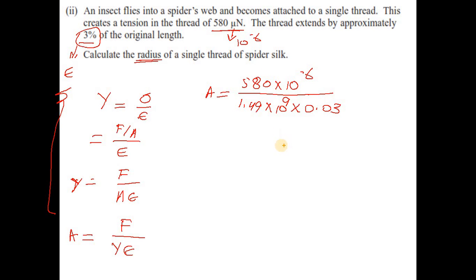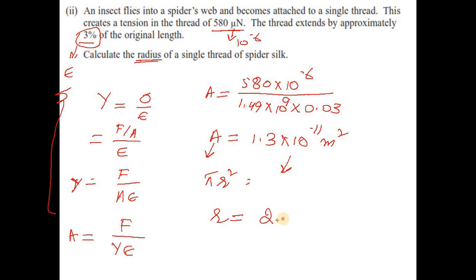So if you solve this, your area will be equal to 1.3 times 10 to the power minus 11 meter squared, and then area is pi r squared equal to the same number, and then you can figure out the radius. Send pi to the other side, divide 1.3 by pi and take the square root. So your radius should be 2.3 times 10 to the power minus 6 meter.